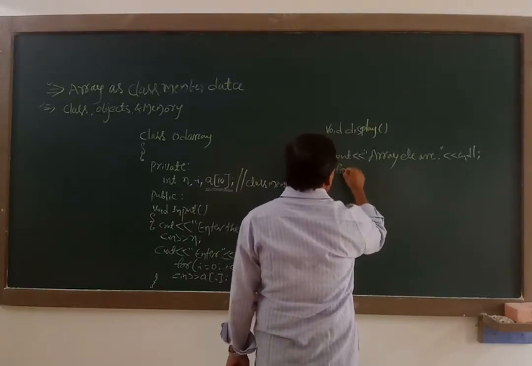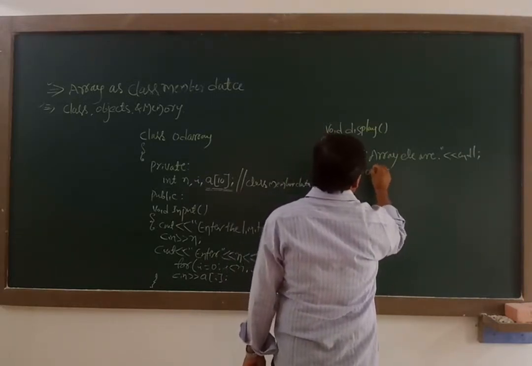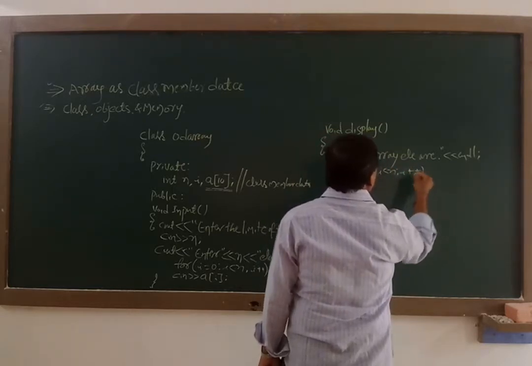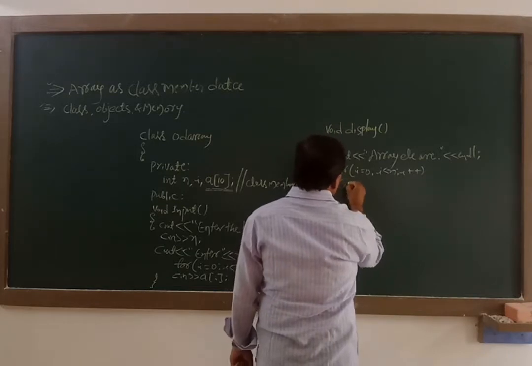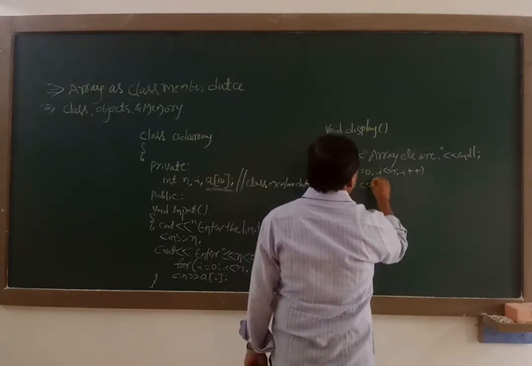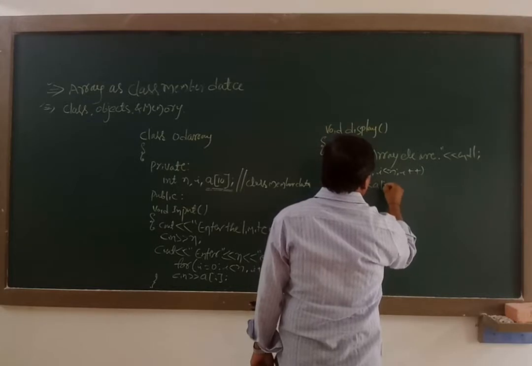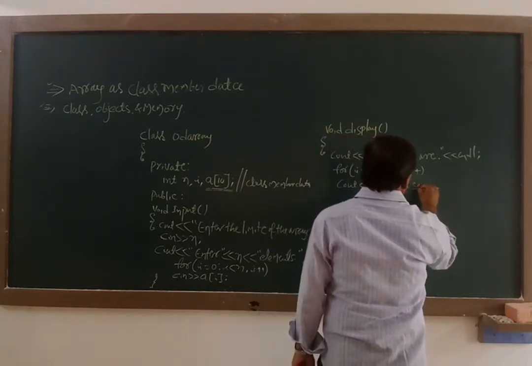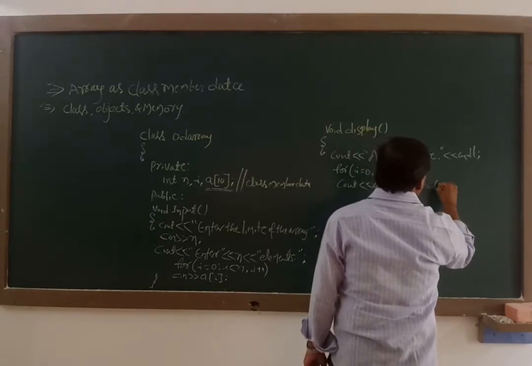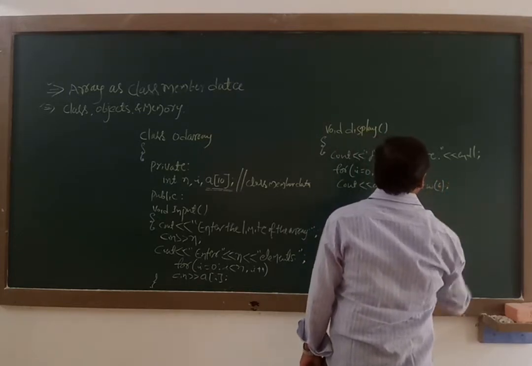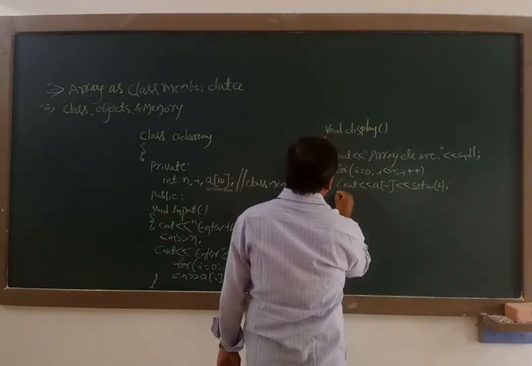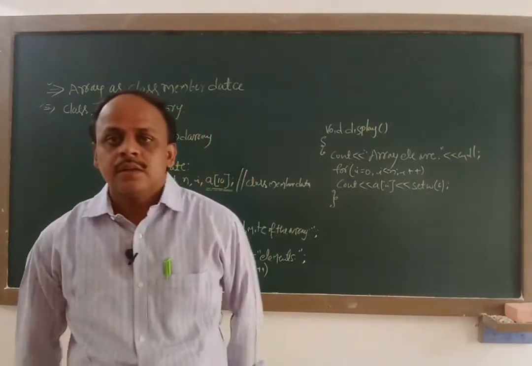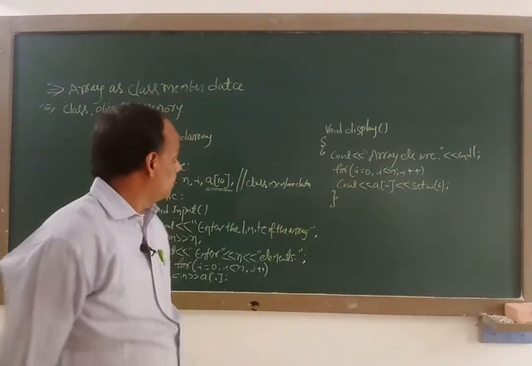So use a for loop: for i equal to 0, i less than n, i plus plus. cout a of i, setw of 6. Closing of the display function.